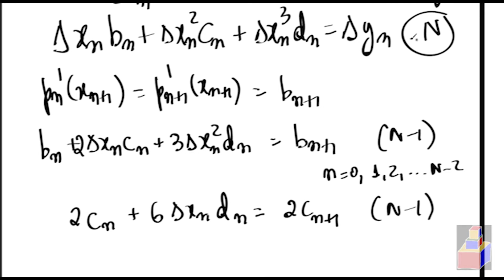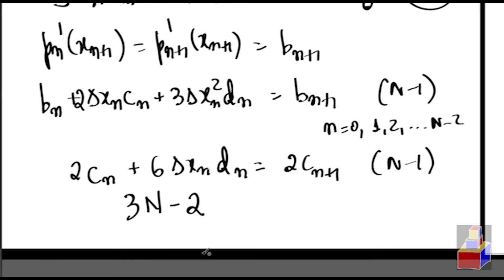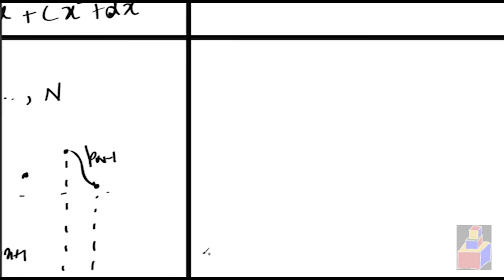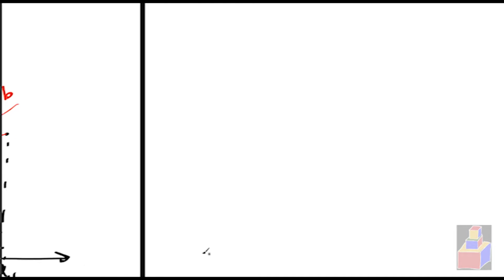So far we have 3n minus 2 equations, okay? Let's focus on the case in which we have an open curve, in which x0 is different from xn. We just need 2 more equations.